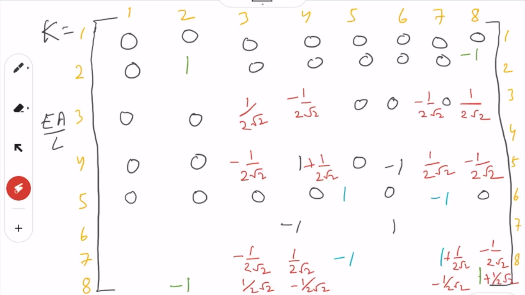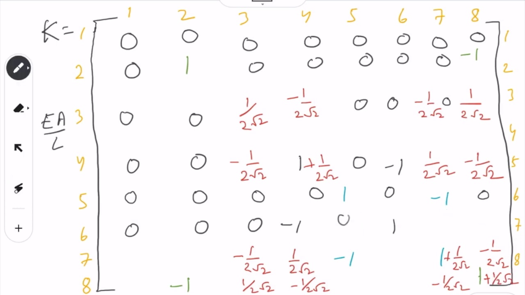Here also we have 1, 2, 3, 4. So 0, 0, 0, and this is the fourth one. Then we have 1, 0 here, and then 0, 0.